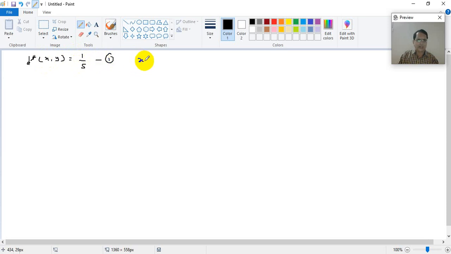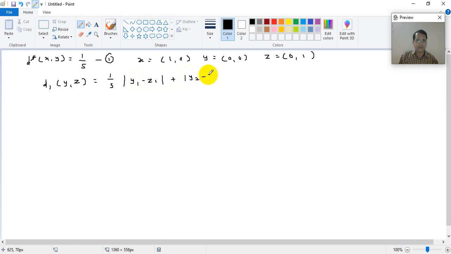Now what we have taken, x we have taken as 1, 0 because we will need it, y we have taken as 0, 0, and z we have taken as 0, 1. Now you calculate d star yz. Look, for that what do I have to do? We have to calculate d1 yz. d1 yz is 1/5 into y1 minus z1, right, plus mod of y2 minus z2.